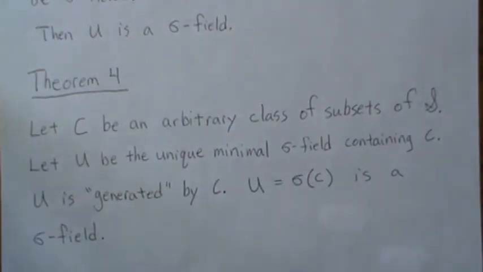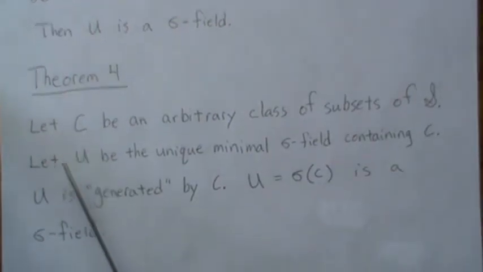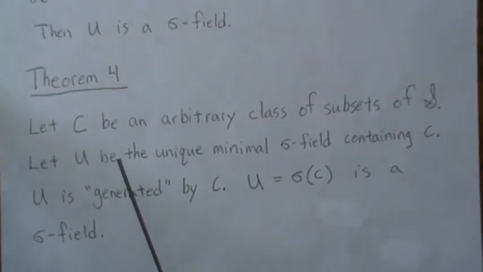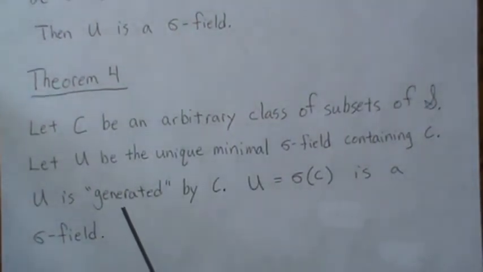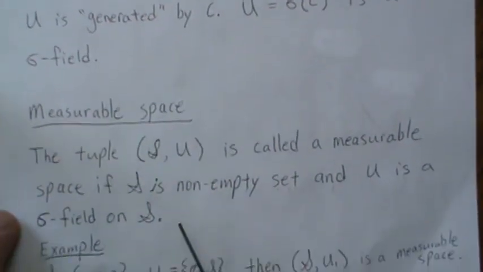We know how to generate these sigma fields from an arbitrary set. And actually, in the next video, when we talk about probability measure, we're going to generate a few of these, and specifically the Borel sets. But more on that later. We proved this for fields, and the proof of this is very similar, so I'm going to skip it and refer you back to the second video.